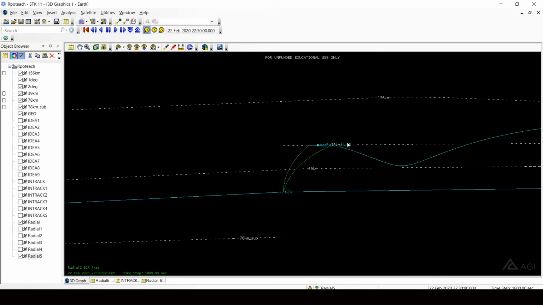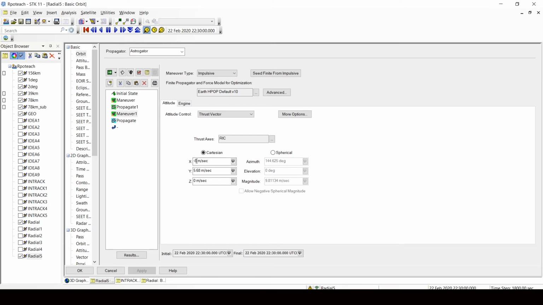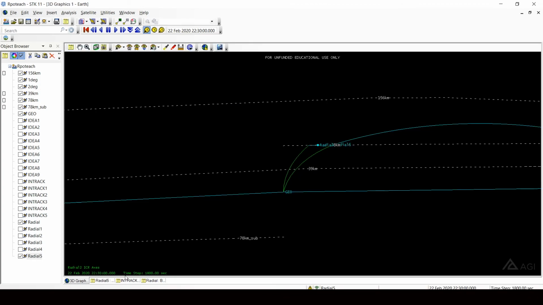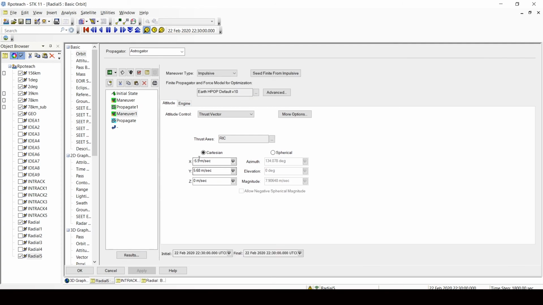You can see I way overestimated the amount of negative radial that I needed, so let's just dial that back. So we'll try out about a 5.5.